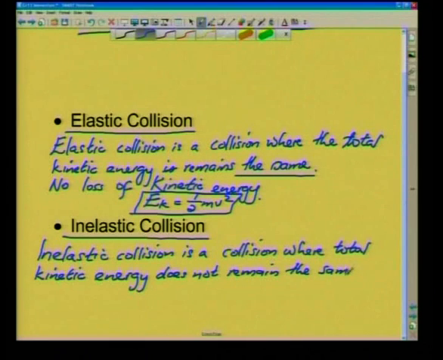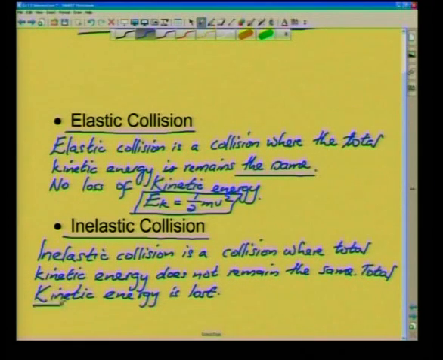Okay, why doesn't it remain the same? Because kinetic energy is lost. So total kinetic energy is lost during that collision.